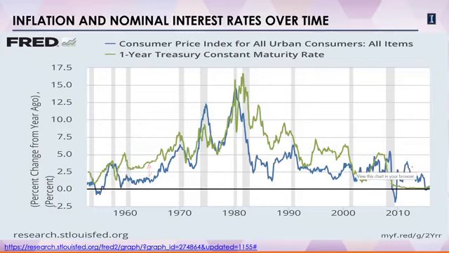Of course, there are periods like the period since 2009 or briefly in the 1970s where real interest rates became negative, but as I mentioned before, they have a tendency to return back to the range of 1 to 3%, and eventually we should be seeing nominal interest rates rising above inflation or inflation becoming negative so that the real interest rate goes back to the range of above 1.